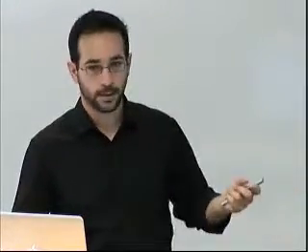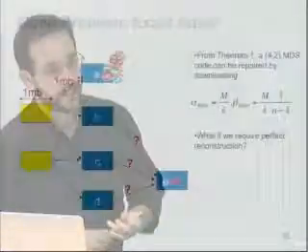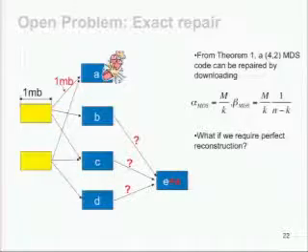Okay, so this is all good, and this is going to appear, but there's one very important problem. So we characterized this region, but only if you're changing your code. So then if you talk to a practitioner, you say, okay, that's all nice, but I actually want to repair exactly what I lost. Okay? So this looks like a trivial extension initially, right?